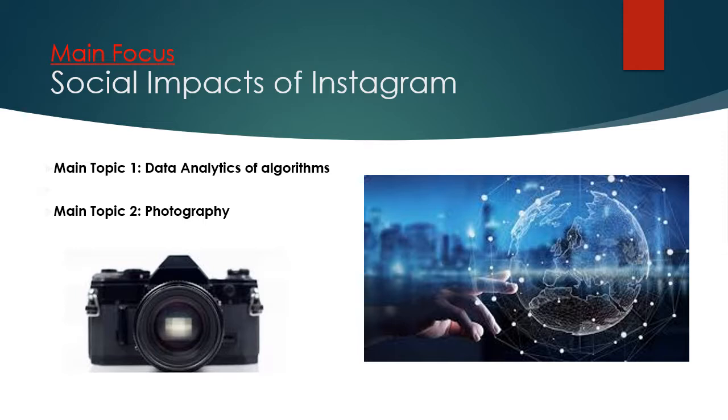And then the second topic is, what is Instagram doing to photography? And I'd like you to think of photography more as capturing history, right? It's one of our greatest tools at capturing what has happened, right? When you try to prove that something did happen and did exist, oftentimes, I got to see it to believe it, right?